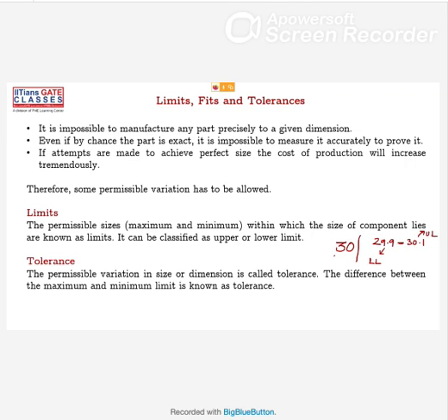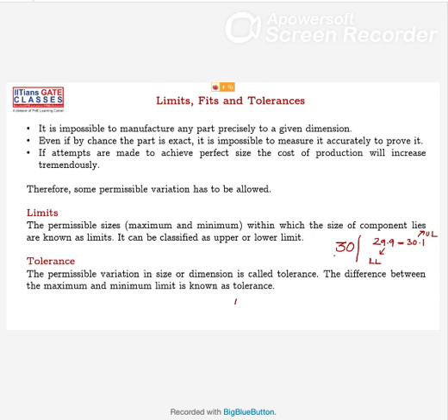And what is tolerance? Tolerance is the permissible variation in size or dimension. So tolerance is nothing but the permissible variation. How much is the variation here? From 30, it goes 0.1 up, and from 30, it comes 0.1 down. So that is the permissible variation. It is the difference between the maximum limit and the minimum limit.